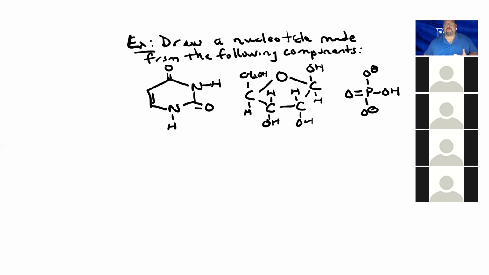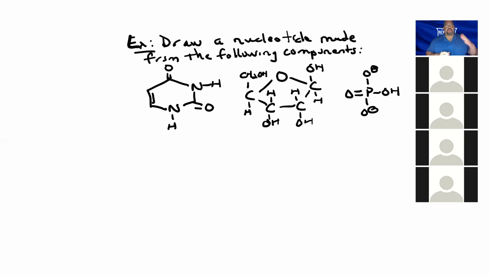And if we give you the three components of a nucleotide, we need you to be able to put them together in order to give us our nucleotide. So, a couple things. First off, in terms of the nitrogenous bases, you need to know which nitrogens are going to be linked up to the sugars.